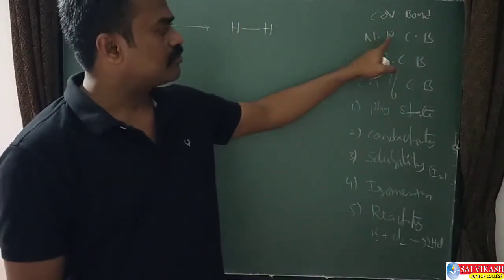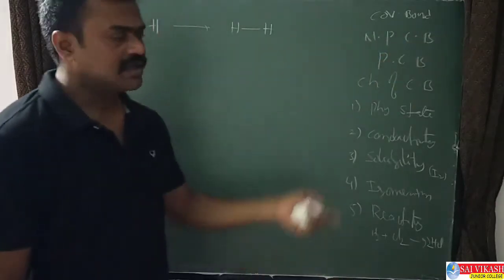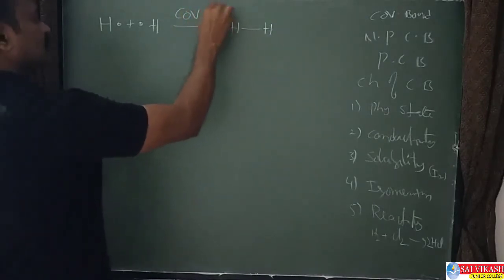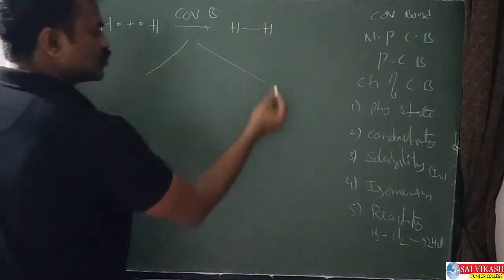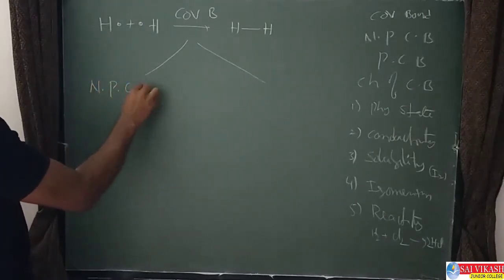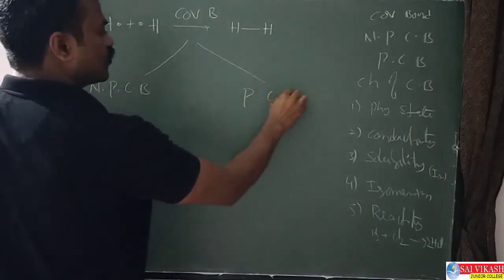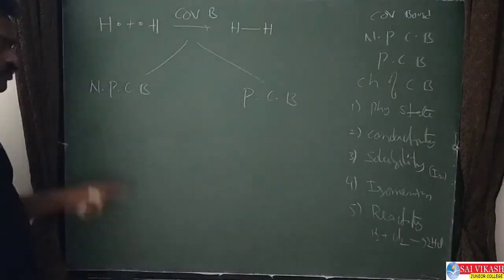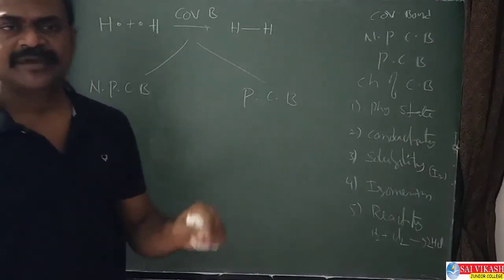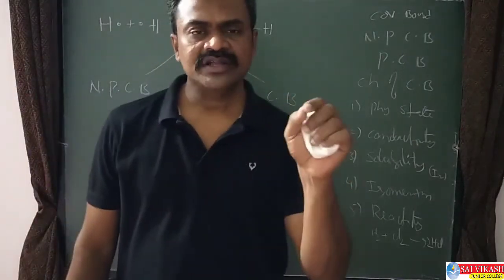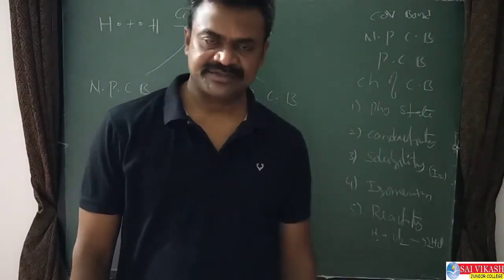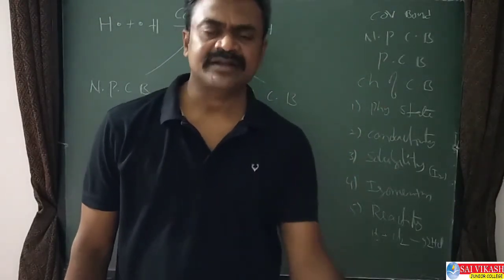First of all, what does non-polar covalent bond mean? Covalent bonds are of two types: non-polar covalent bond and polar covalent bond. What is a non-polar covalent bond? A bond forming between two similar electronegativity atoms, meaning between the same atoms.